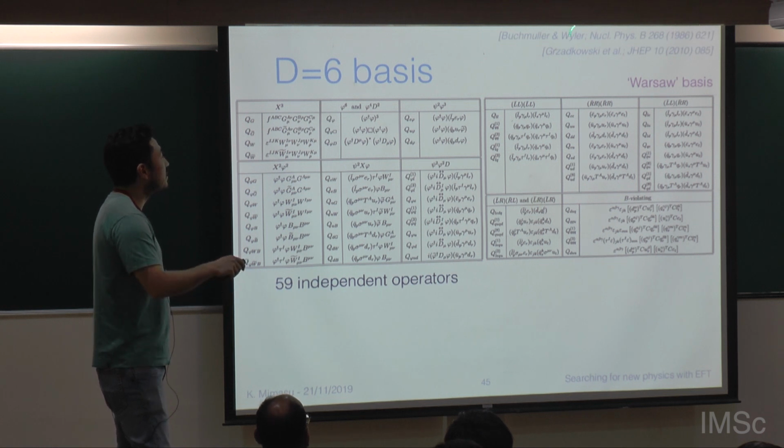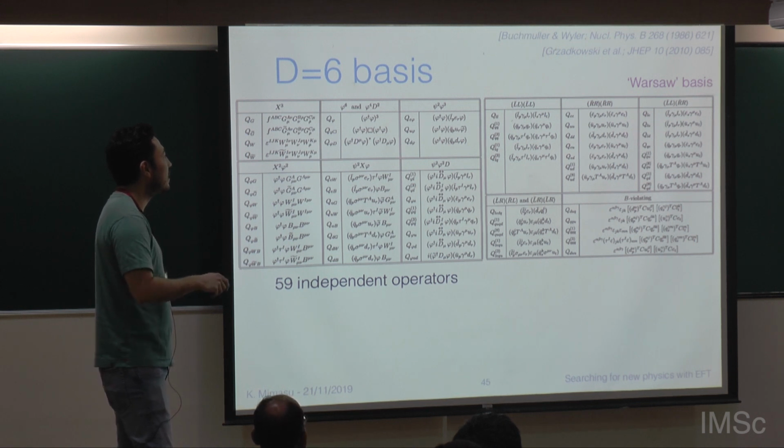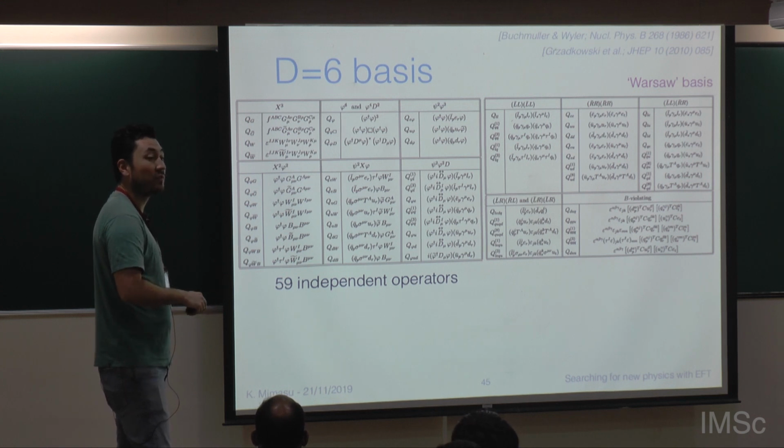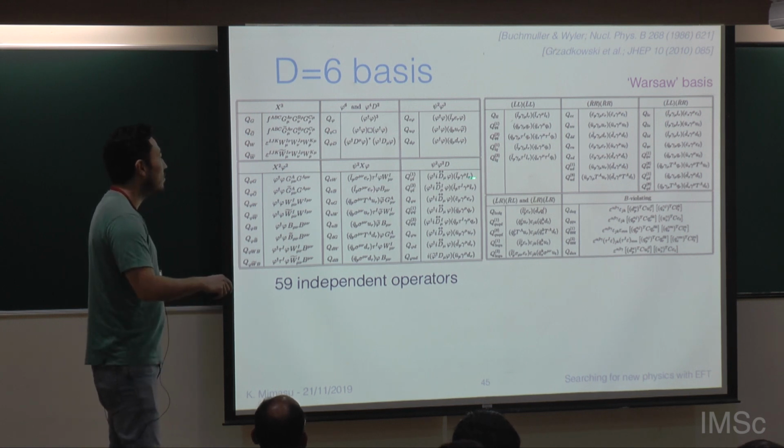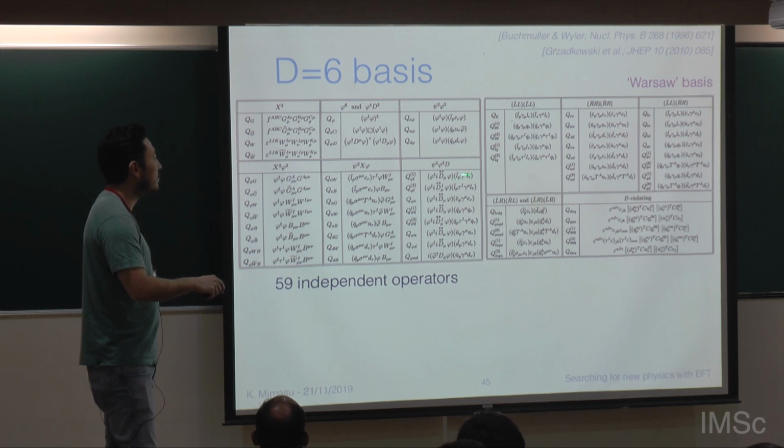And it turns out that starting from work by Buchmüller and Wyler in the 80s and then refined by Grzadkowski et al. in 2010, this number of independent operators was refined down to 59. If you assume a totally flavor universal structure, so all of these flavor indices on the fermions have the same coupling, there's no structure there at all.